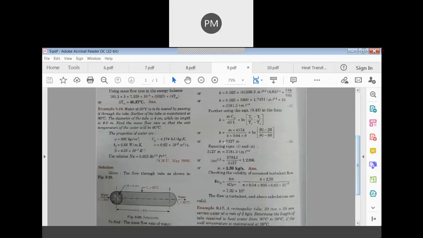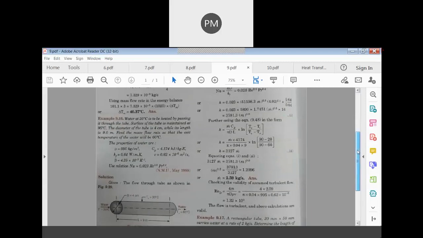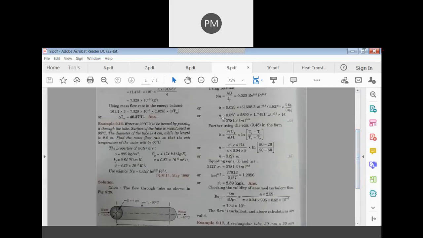So for h also, you know all the values except m. Cp you know, pi dL you know, surface temperature 90 degree, inlet temperature and outlet temperature, everything you know. You have got this equation, h is equal to 3127 m dot. Heat transfer coefficient also has been obtained using this Nusselt number as well as using this formula.